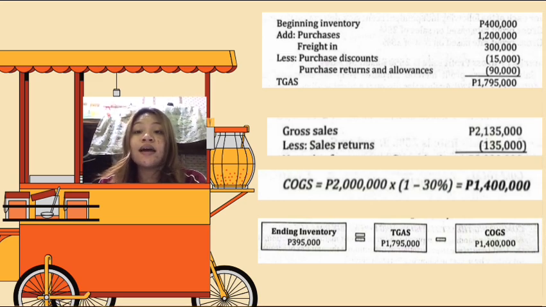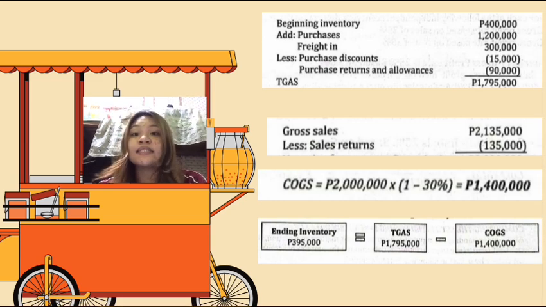Again, sales return allowances are deducted from the gross sales. Now, in order to derive the amount of COGS from the net sales, we compute step 2, applying the gross profit rate of 30%.